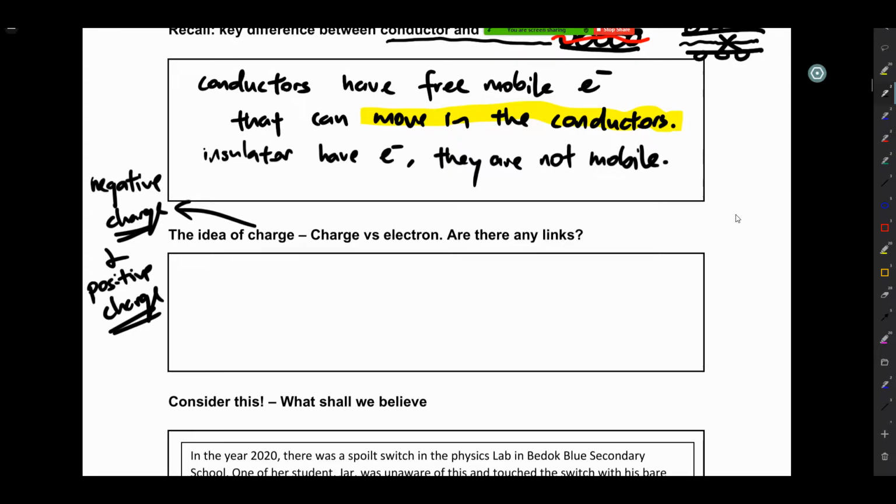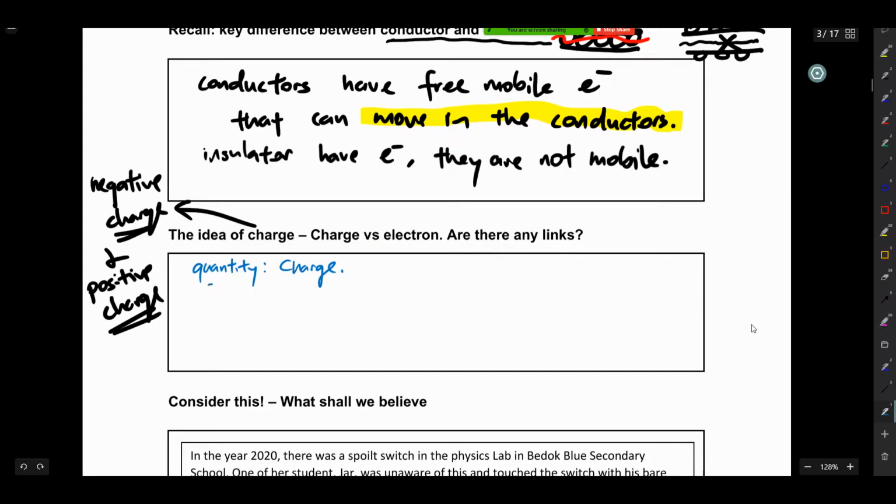Charge is a quantity. Just like in all other physics chapters, there is always a quantity, like maybe wavelength, maybe time, maybe displacement. There's quite a number of quantities. The first quantity we are dealing with today is known as charge.